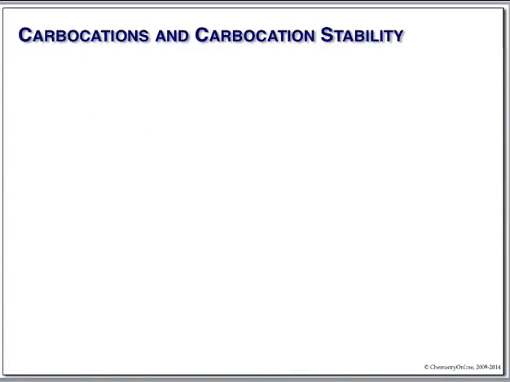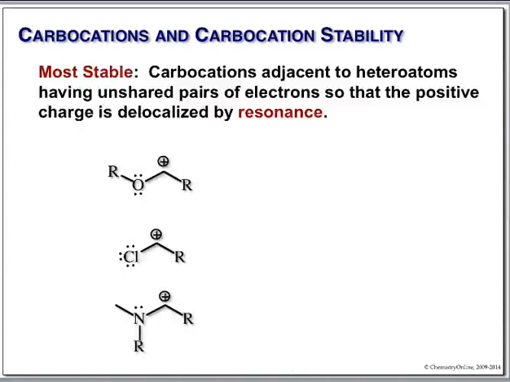Now, we were just talking about carbocations and the fact that resonance-stabilized carbocations are good. I said that anything next to the carbocation that has an unshared pair of electrons was going to stabilize it. If we have an oxygen next to the carbocation center, one of these electron pairs can move in, and we get the oxocarbocation.